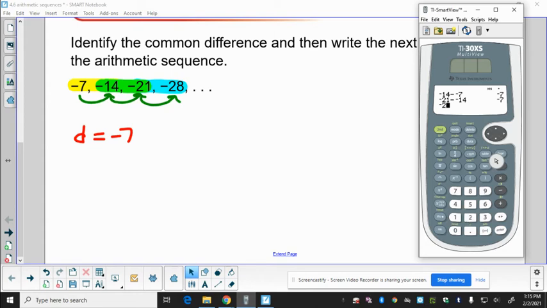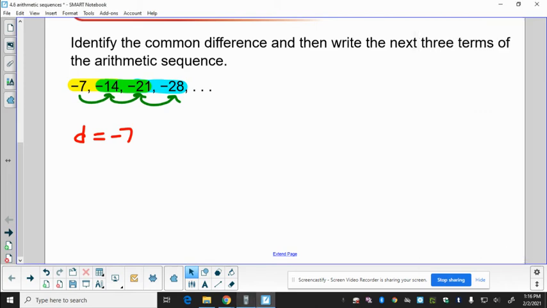Negative 28 minus negative 21. There we go. See, I'm getting the same thing every time. So that's my common difference.